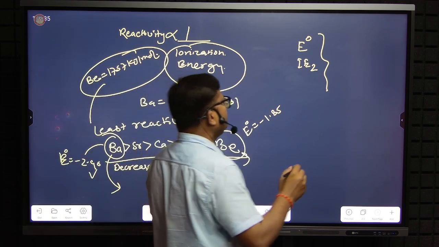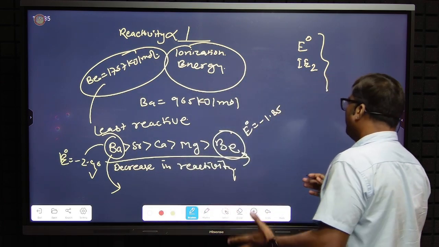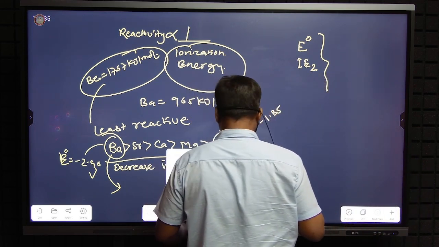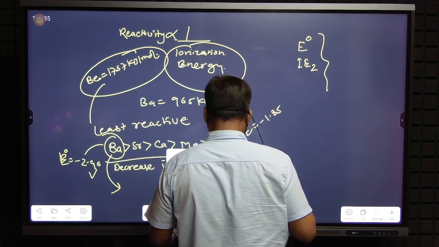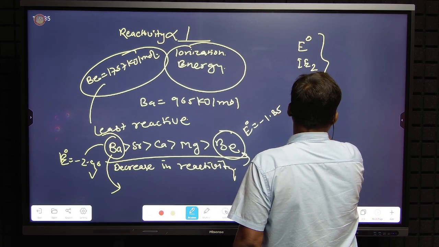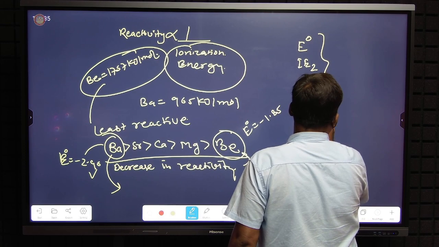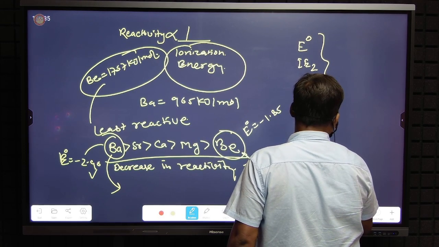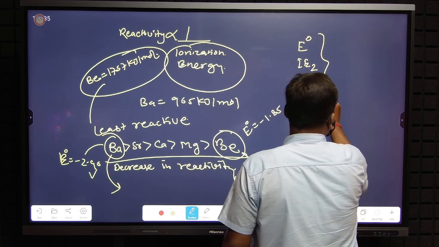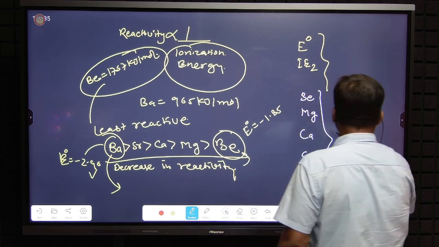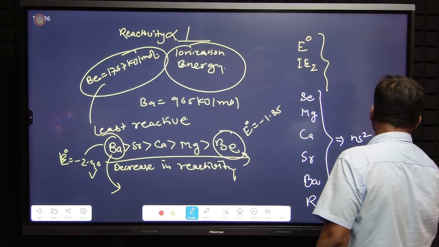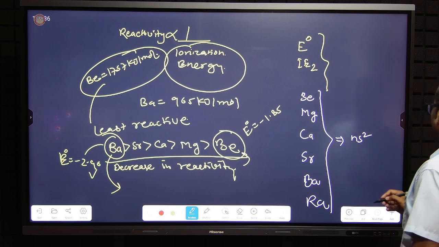So what is the actual configuration? As in the previous lectures, we have clearly defined all these metals: beryllium, magnesium, calcium, strontium, barium, and radium. They possess an electronic configuration like ns2 in the valence shell.